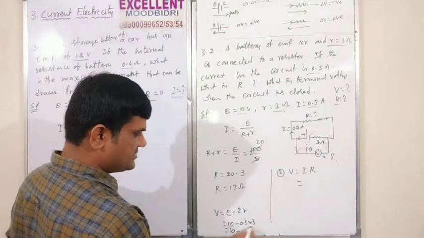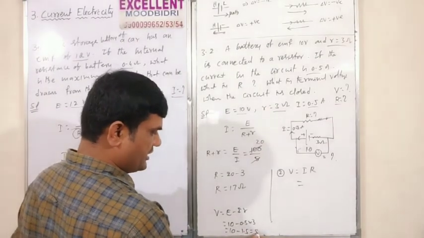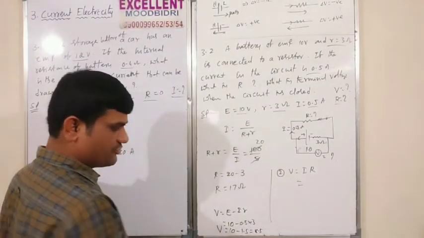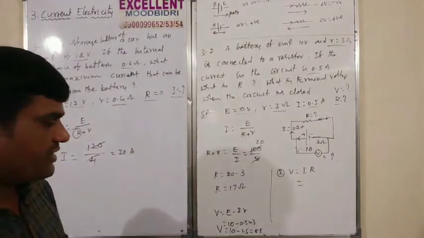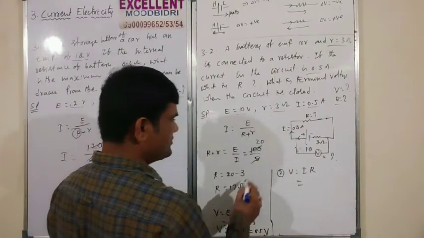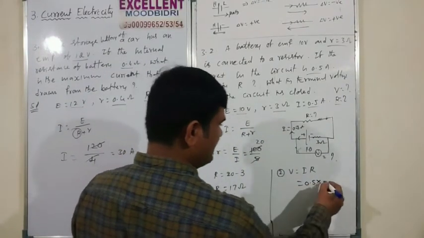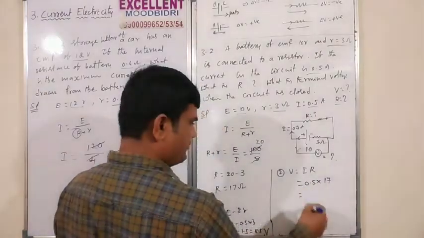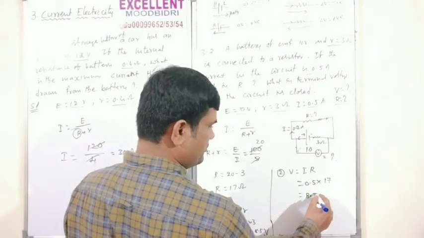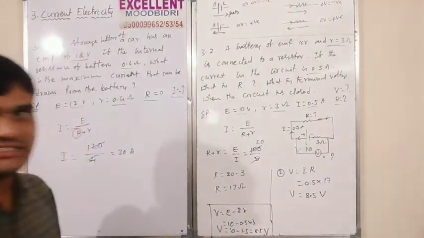So 10 minus 1.5 is equal to 8.5 volt. Right, here also I is 0.5, R is 17, so 17 into 0.5 is 8.5 volt. Right? Okay, next.